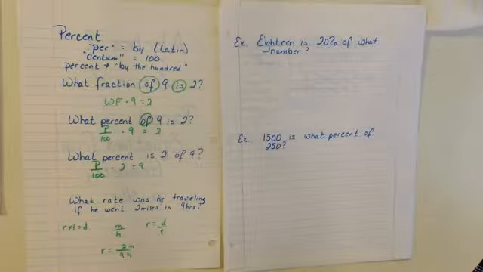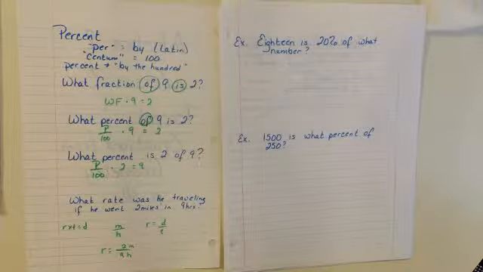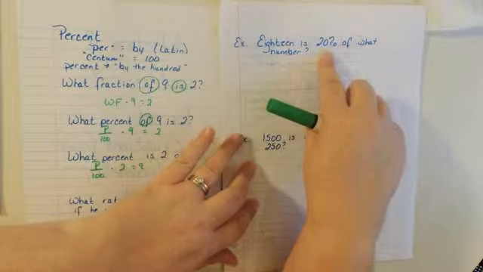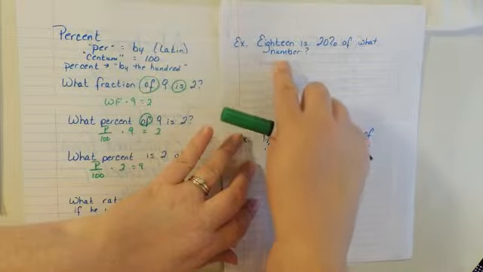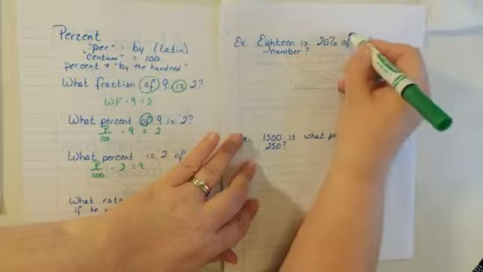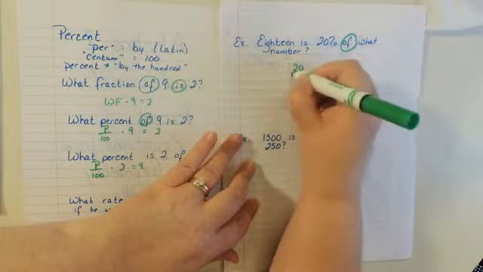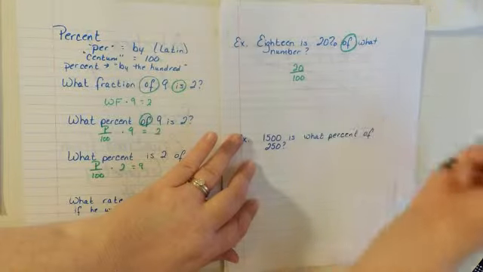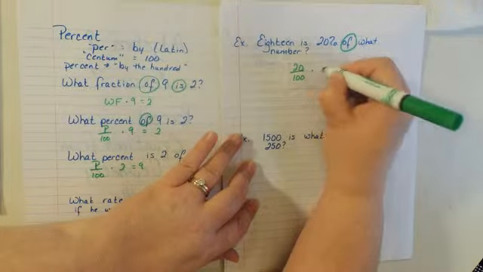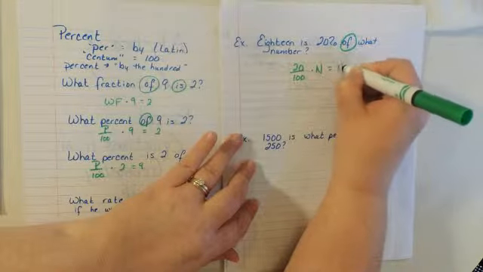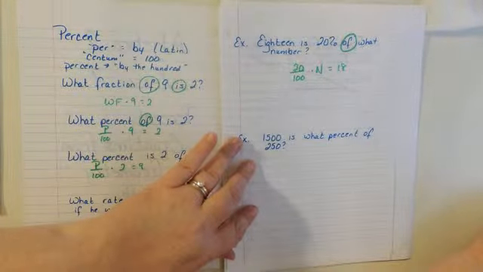Alright, here's an easy one. 18 is 20% of what number? We have a percentage, we have what number, and we have 18. Here's the of. So 20%, that's 20 out of 100, of what number equals 18. That's how you're going to set this up.